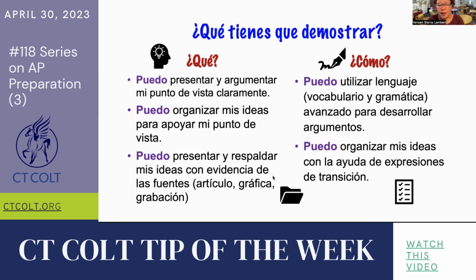Also, the way that they organize it through the use of cohesive devices or transitional phrases, such as por lo tanto, según, por eso, all those great phrases that you've given your kids this year. So that's how they get the 5.